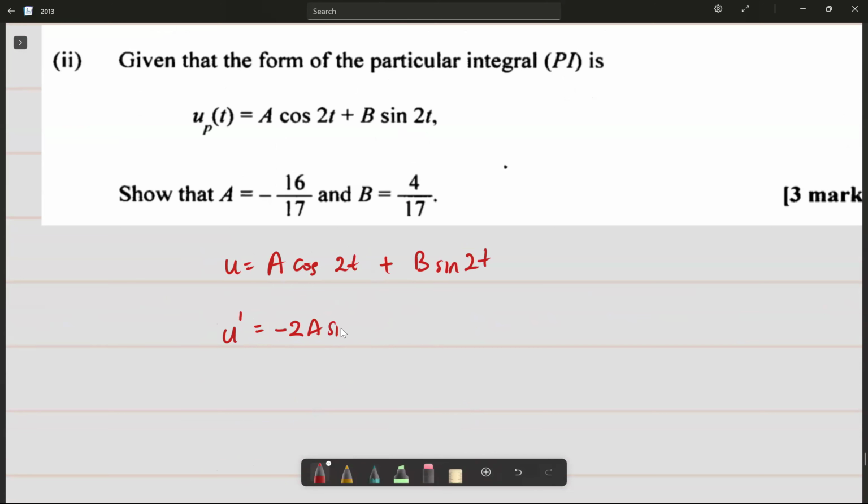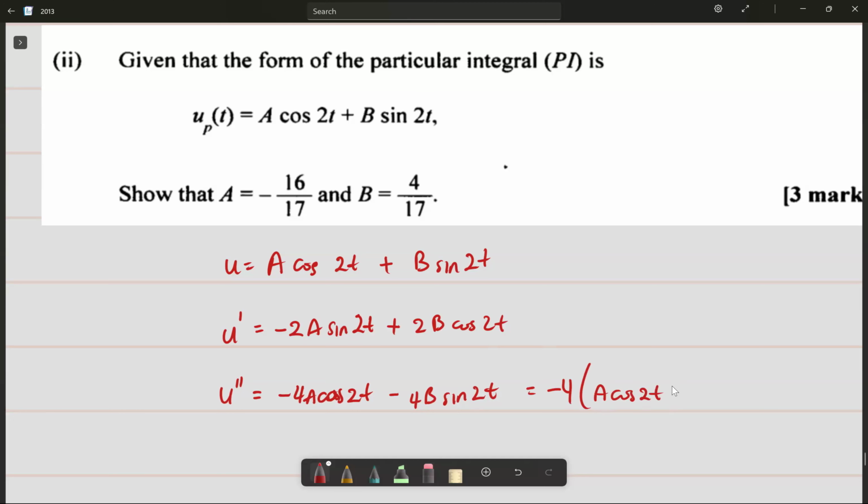So u prime is negative 2a sine 2t plus 2b cosine 2t. u double prime is equal to negative 4a cosine 2t minus 4b sine 2t, which is negative 4 times (a cosine 2t plus b sine 2t), which is just negative 4u.